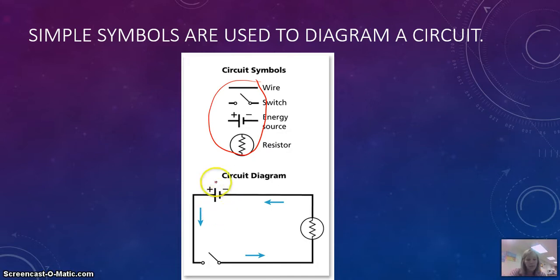So notice how the longer side is considered the positive terminal, and then you have the negative terminal. So this would be your energy source right here. And now you have a resistor, so this could be like a light bulb where the energy is actually being used and transformed into light and some heat. So that is an example of the symbols and how you would draw a diagram.